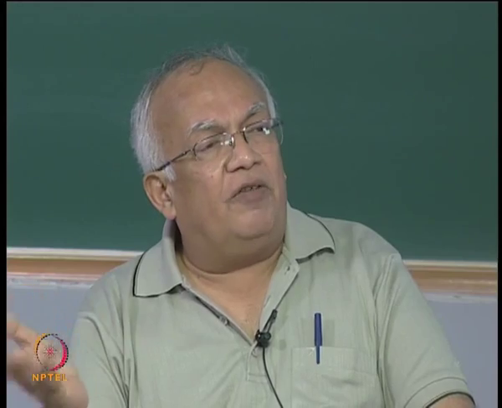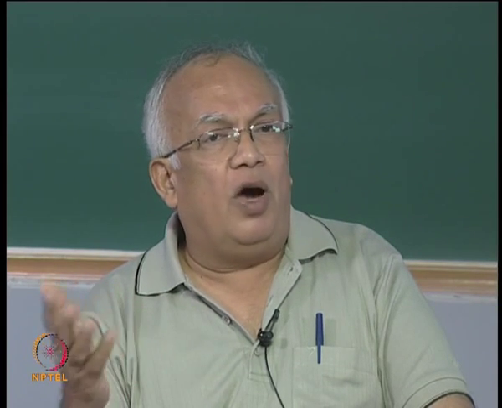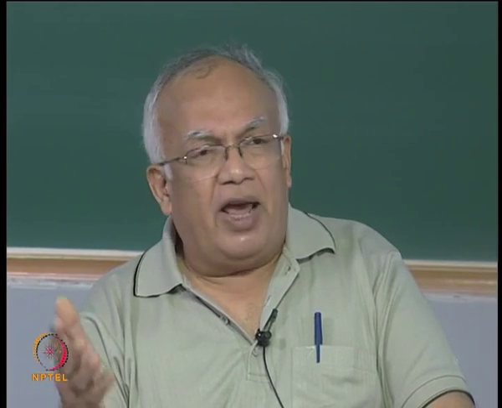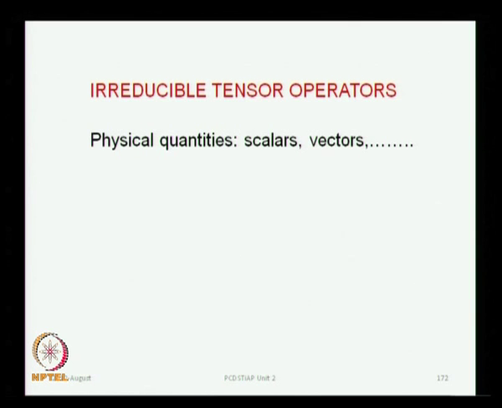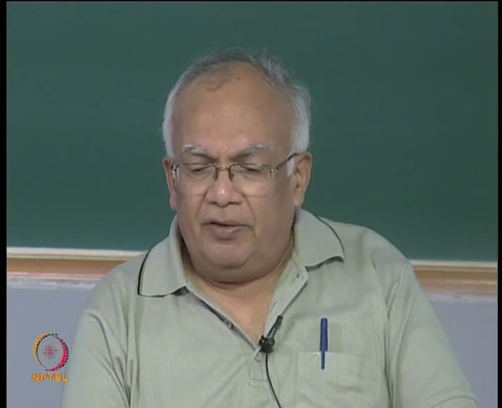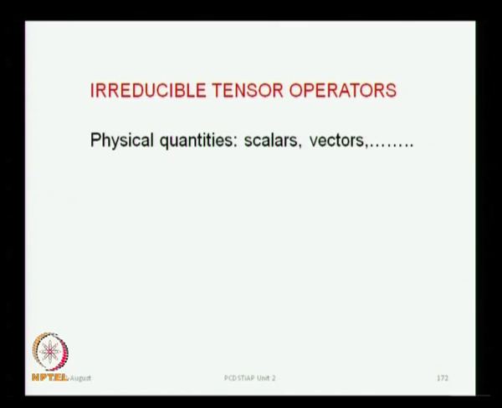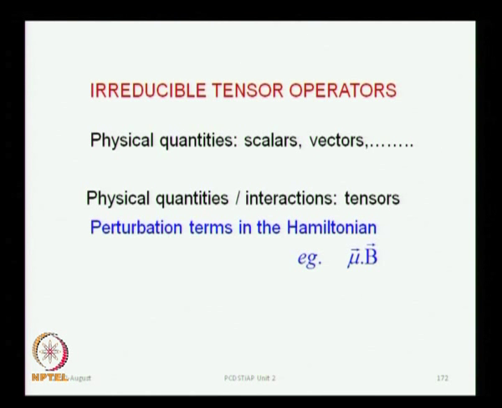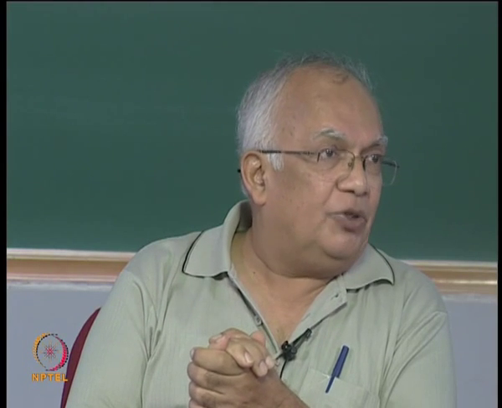So, a tensor of rank 0 is a scalar, a tensor of rank 1 is a vector, a tensor of rank 2 sometimes you call a dyadic, and there are tensors of various ranks that you work with, and these physical quantities will then correspond to certain dynamical variables in classical mechanics, for which you will have corresponding quantum operators, because that is what quantization is about.